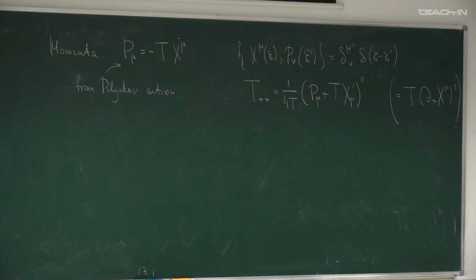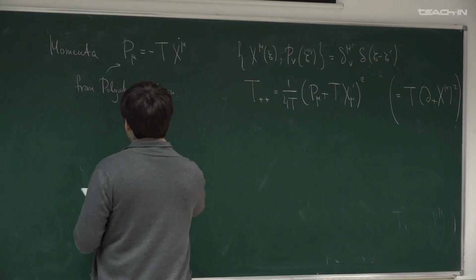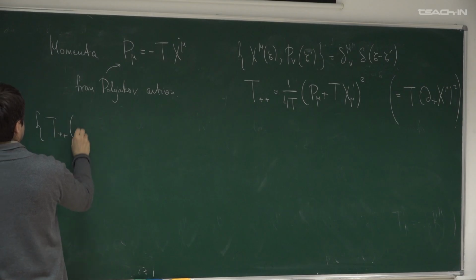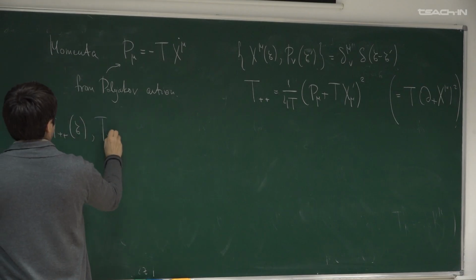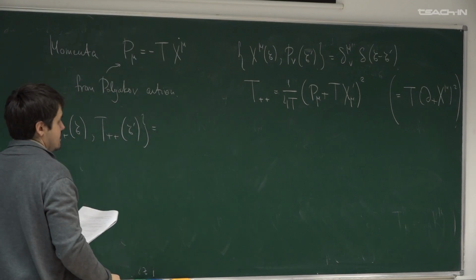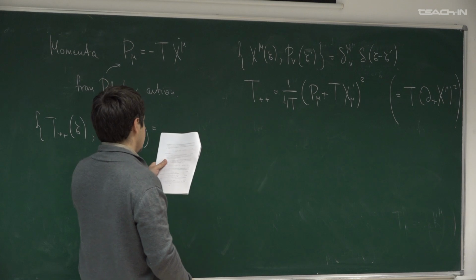And the computation is as follows. We need to compute the Poisson bracket of T_++(sigma) with T_++(sigma'). Then there are many identical terms.